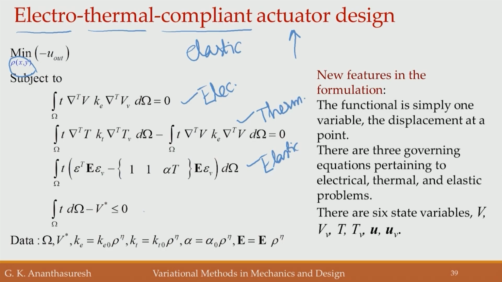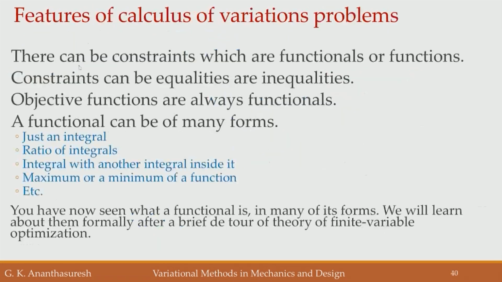Okay. And there is a volume constraint like before. This is also a calculus of variations problem. Now, this is also a functional, that is displacement at a particular point; a functional can be just that also. Okay. Let us look at the features of calculus of variations problems before we end this lecture.